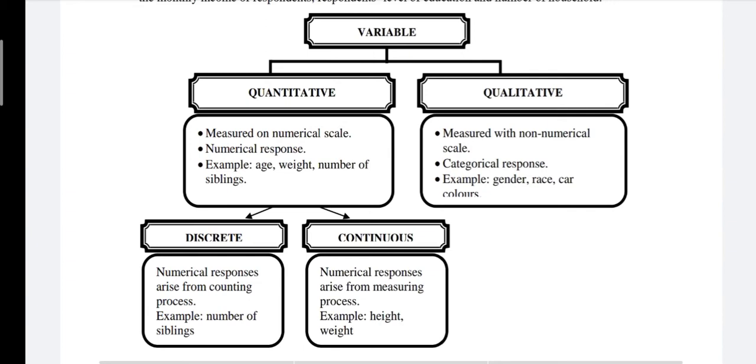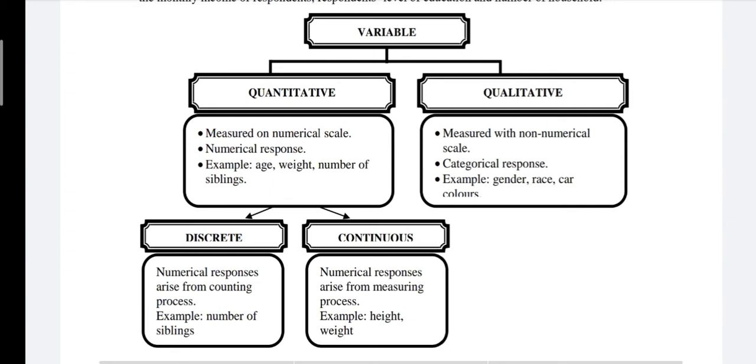Okay, quantitative pula adalah measured on the numerical scale, which is the numerical response. For example, age, weight, number of siblings, any other variable that we can measure using the numerical scale. So quantitative ni ada dua pula, which is discrete dan juga continuous. Untuk probability, we only deal with the quantitative lah.